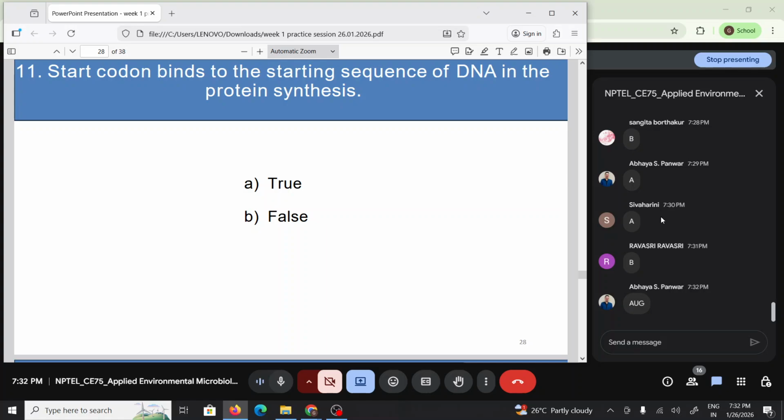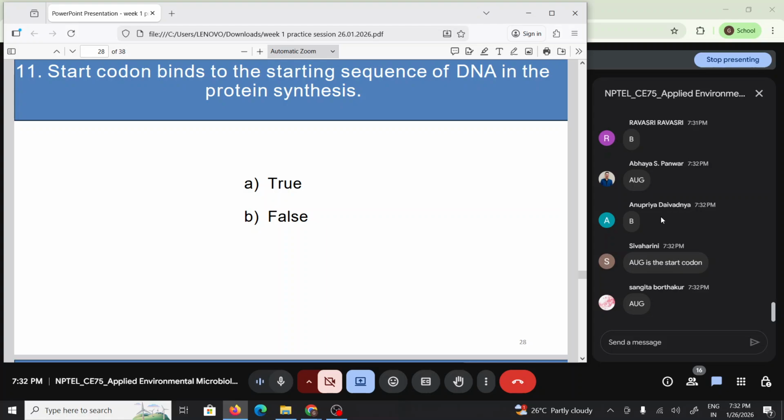Right, it is AUG. And yeah, we also saw in this three domain classification that the first amino acid in protein synthesis is going to be methionine or formyl methionine, and we have a codon that codes for it.